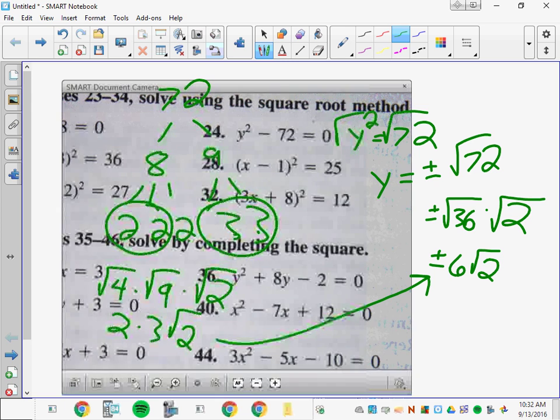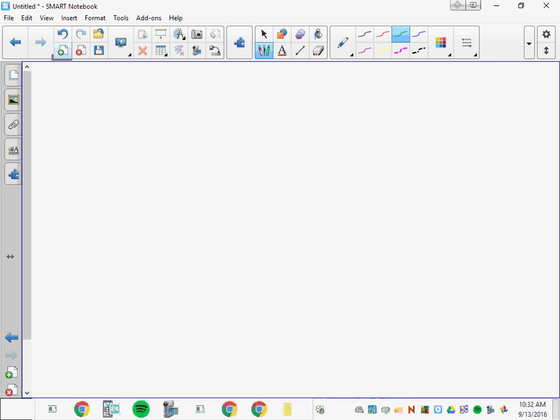Yes? We'll get to a negative here in a second. Okay? So for some of these easier radicals, the perfect square method works pretty well. So if I said the square root of 50, are there any perfect squares inside 50? 25. And it would be 25 times 2, so that's just 5 root 2.